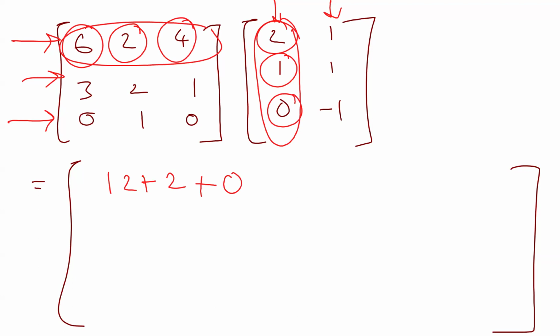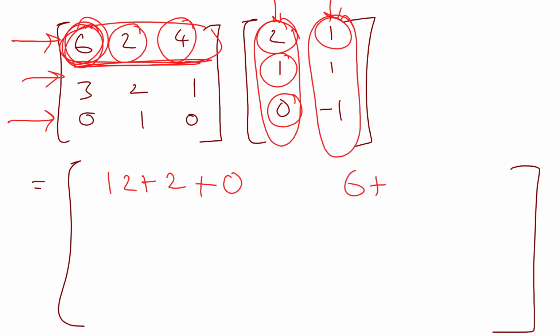Now the row is over, the column is over. First row, second column, so leave some space over here. 6 into 1, 6 plus 2 into 1, 2 plus 4 into minus 1 is minus 4.